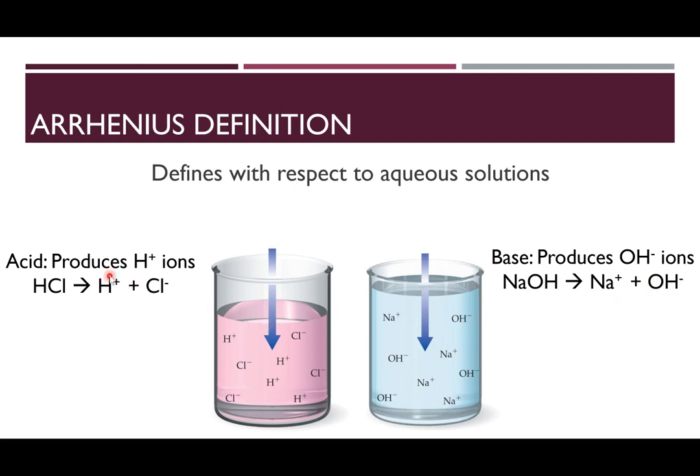One of the things that I like to point out here, because a lot of chemistry textbooks don't do a good job of explaining this, but they use it throughout the chapter, is this. Remember that all of this is happening in the presence of water, right? So all of these ions are floating around in H2O. Those hydrogen ions are really, really unstable. Let's think about a neutral atom of hydrogen.